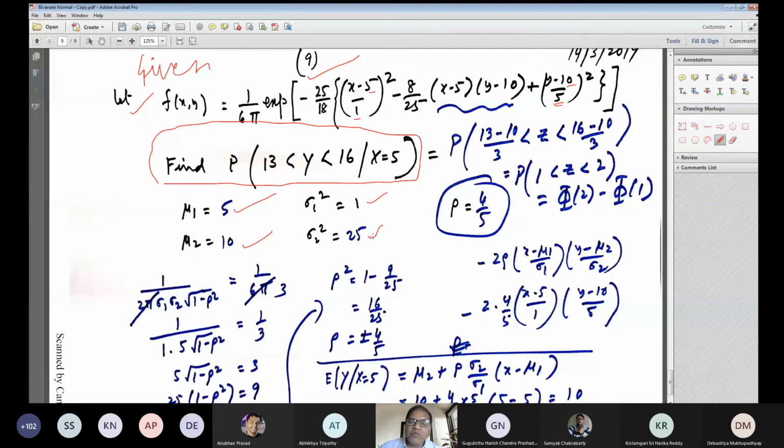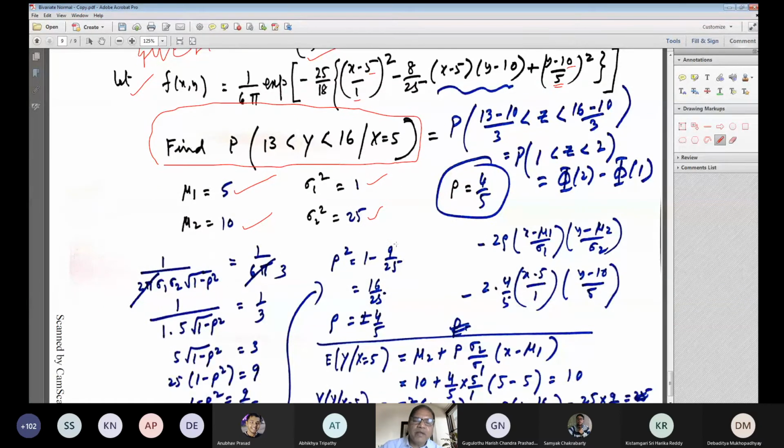Now we have to find the value of rho. How do we get rho? This is the constant term. If you remember, the standard form is 1 by 2 pi sigma 1 sigma 2 under root 1 minus rho square, equated to 6.